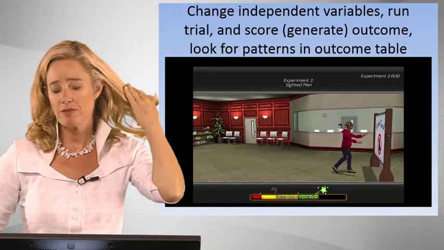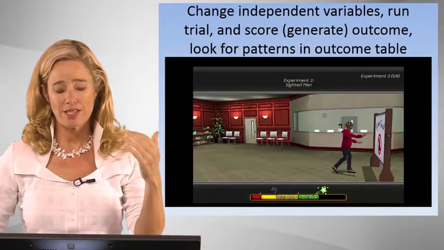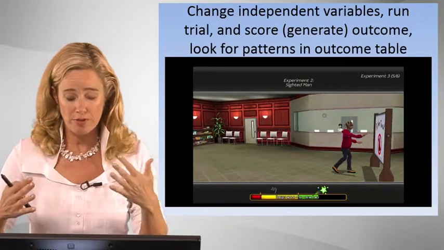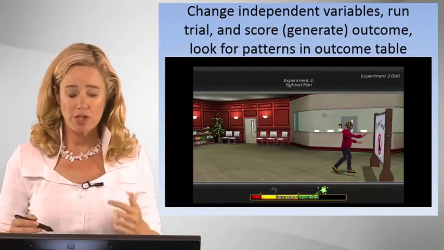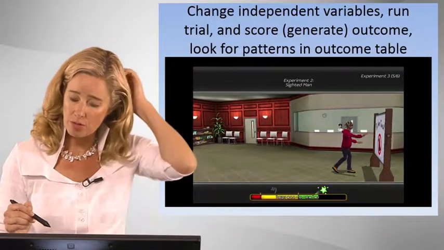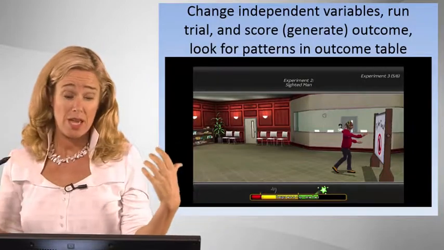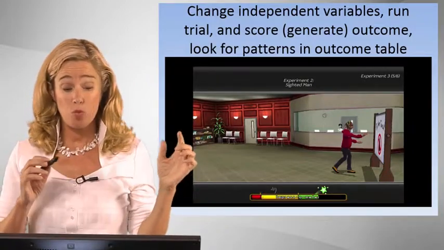Change the independent variables when you're in this room. So what you're doing is you're going into this room, it's you, your POV, your point of view, and you're changing certain independent variables, like putting a headset on our participant or not, you're putting a blindfold on him, you're putting a backpack on him, and you're making him walk.